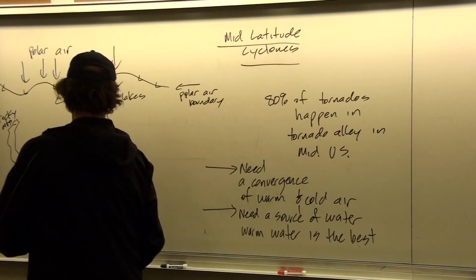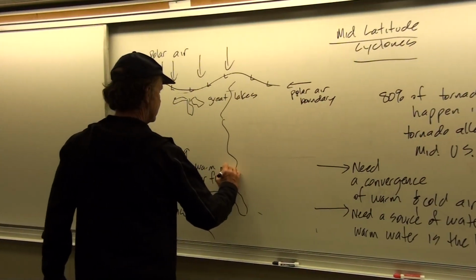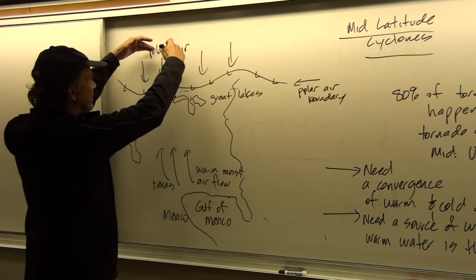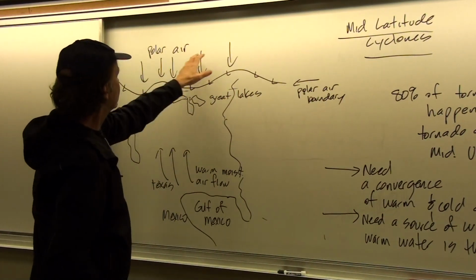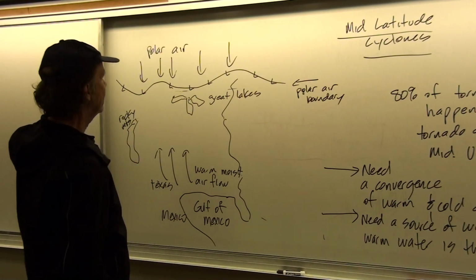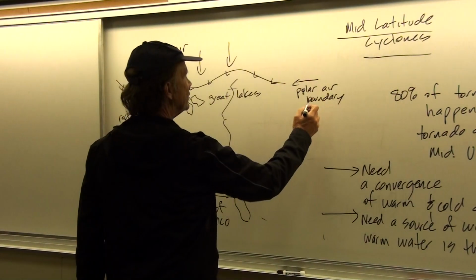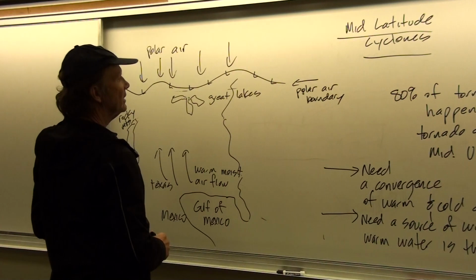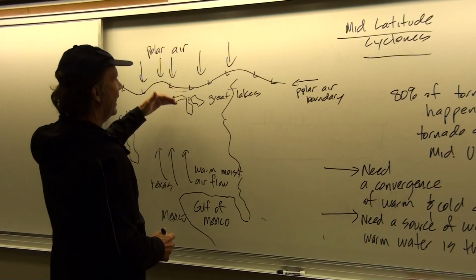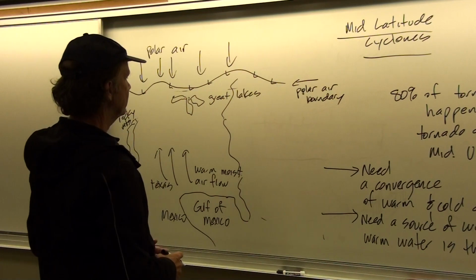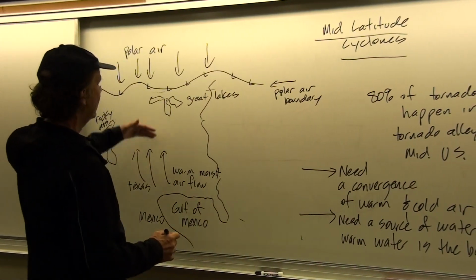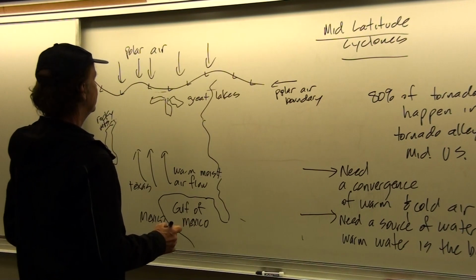So here you have this warm, moist airflow moving from hot to cold. And then you've got this colder polar air moving from cold to hot. And then in between the two, we have the boundary between the polar air and the warmer mid-latitude air, which is moving up.